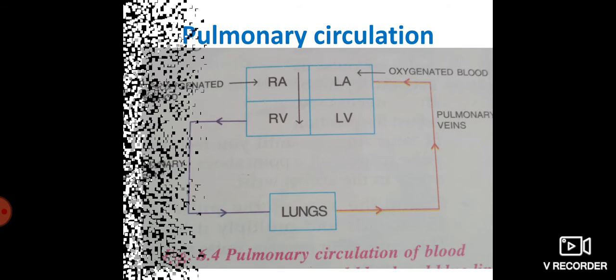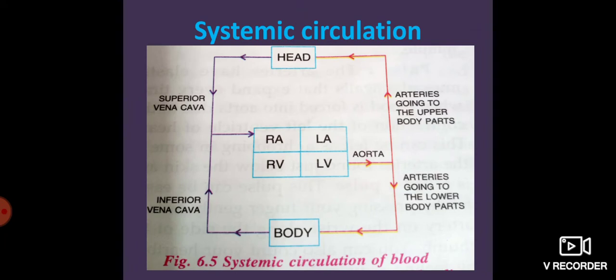Next is systemic circulation. The next type of blood circulation is the systemic circulation. In this type of blood circuit, oxygenated blood from the left side of the heart is distributed to all parts of the body through the aorta. We know that after the pulmonary circulation, the left side of the heart is filled with oxygen-rich blood.